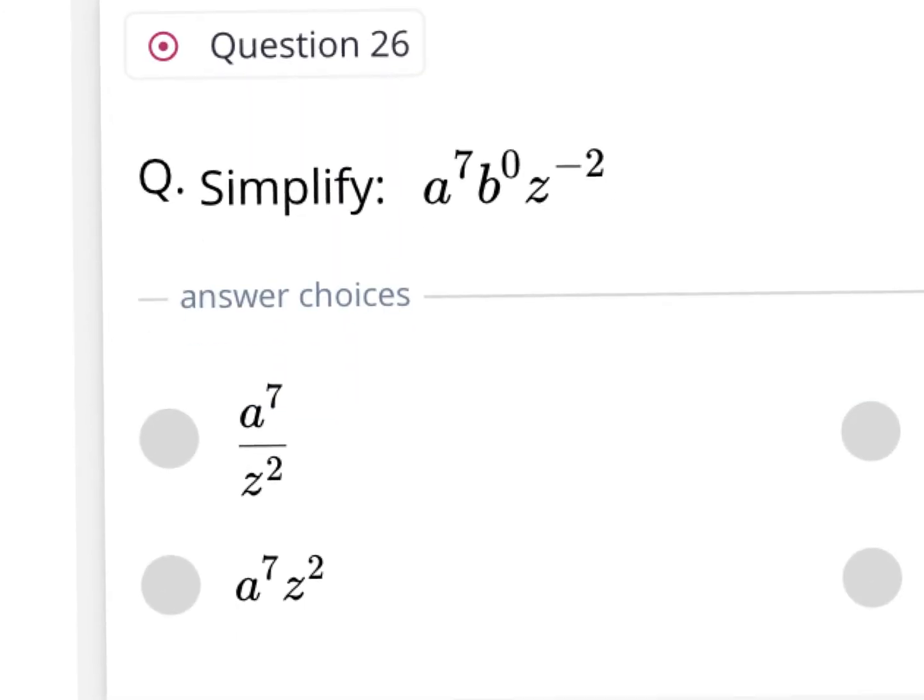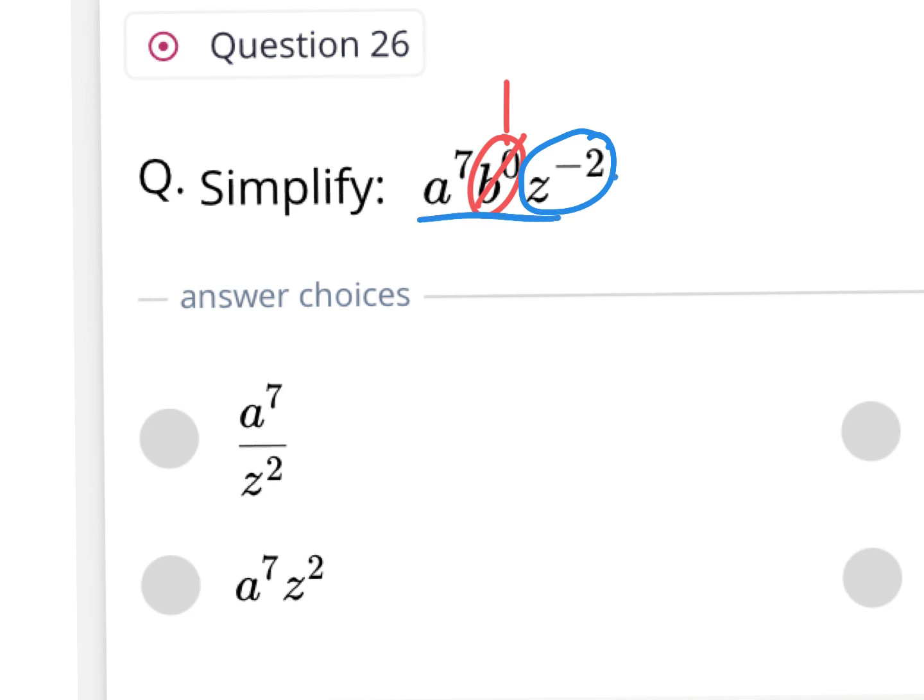These are all about the different rules of exponents. So what happens when you have a power of 0? That becomes a 1. Anything to the power of 0 is 1. So imagine this is really a 1, so you could scratch that out, and what you really have is a to the 7th times 1, which is pointless to leave as a times 1 because it's not going to change it, right? And we also have this z to the negative 2. It's a negative exponent.